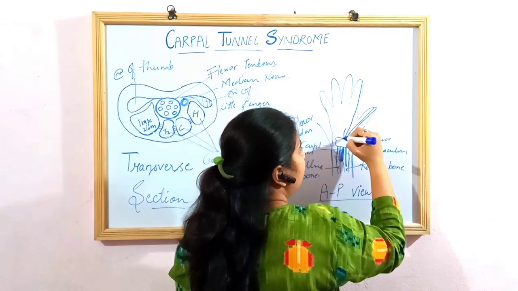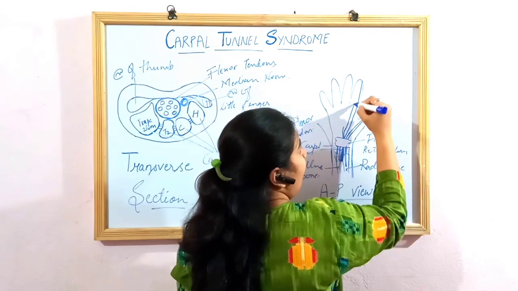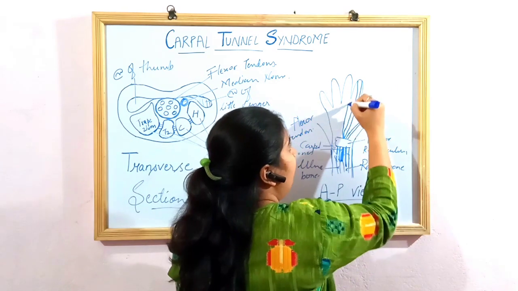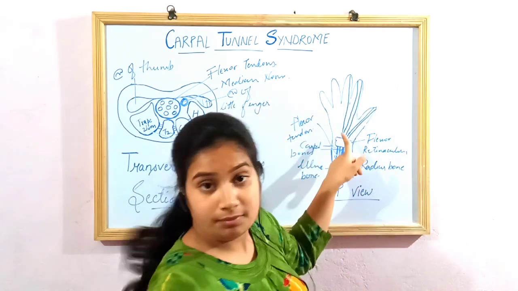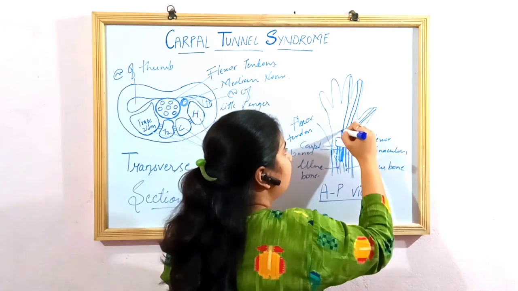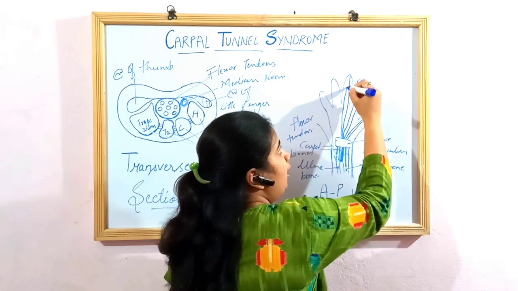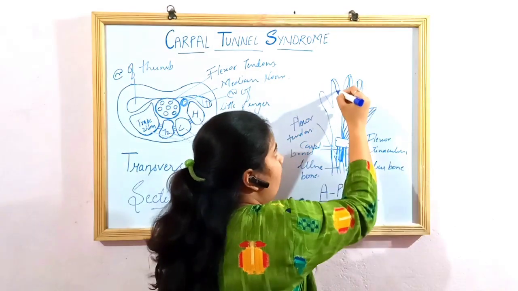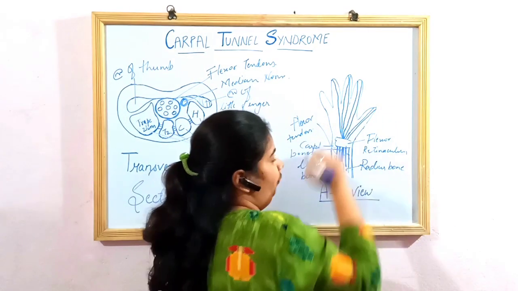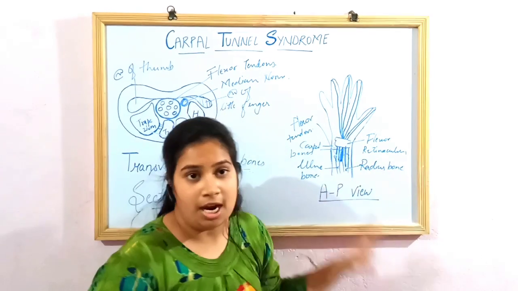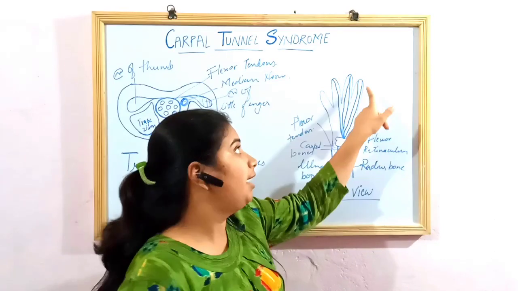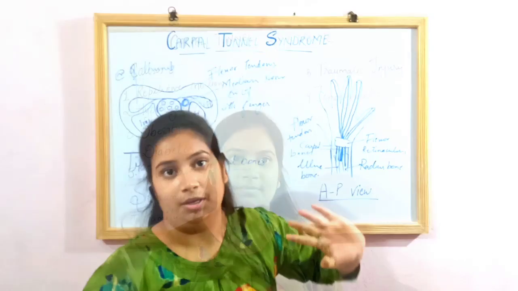Next branch supplies the remaining part of your index finger and part of your middle finger. Another branch supplies the remaining part of your middle finger and part of the ring finger. This is the anatomy of the median nerve. It controls the movements and feelings of your thumb, index finger, middle finger and ring finger.